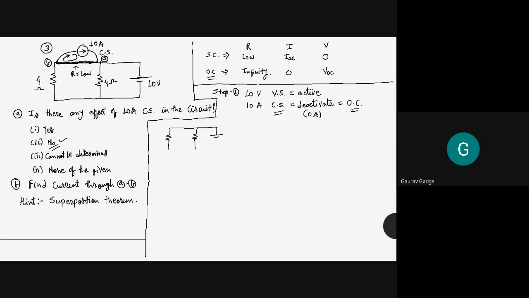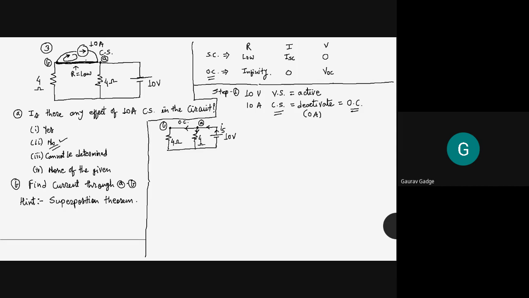So now you get 10 volt voltage source, 4 ohm resistance, this has 4 ohm resistance, and the current source is open circuited. Now you have to find the value of current through the AB terminal. Voltage source positive is on top, so the source current will generate from here. Let this be the source current. This source current goes from positive to terminal A and divides at terminal A. One part passes through this AB path and then the 4 ohm, and the other part passes through this 4 ohm resistance.